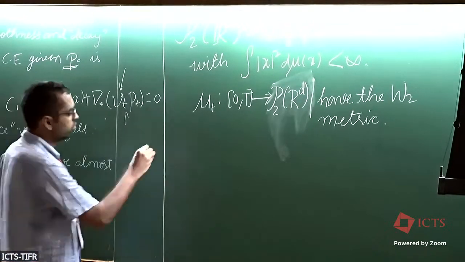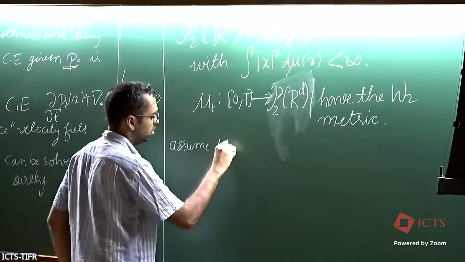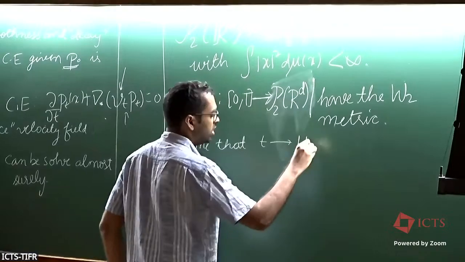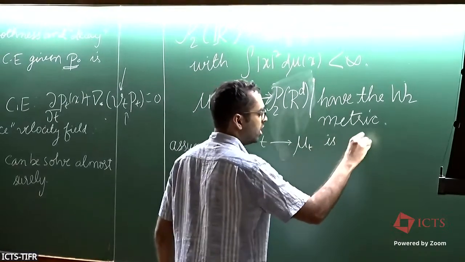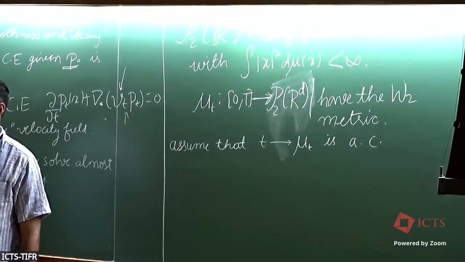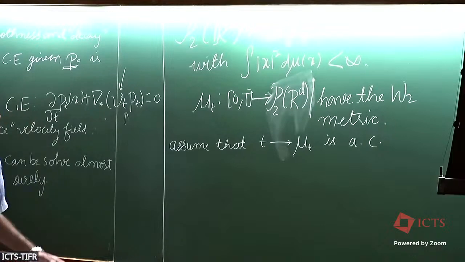Okay, assume that t goes to mu_t is absolutely continuous. Do you know what an absolutely continuous curve is? If not, I encourage you to look it up. It is kind of a more stringent condition of continuity than uniform continuity. I hope most people know what uniform continuity is.